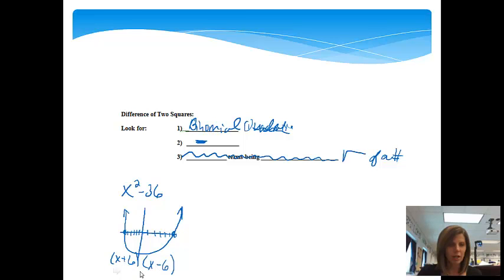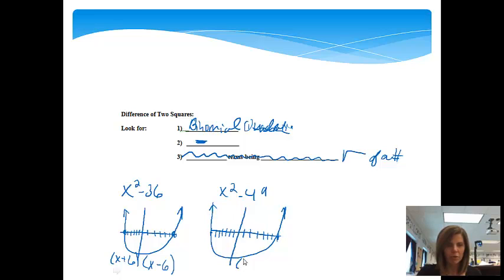If you recall, we always did the opposite. Then if I had another one, x squared minus 49, and I were to graph this, it actually hits at negative 7 and 7, so it's going to look something like that. If I were to ask you to factor it by graphing, you would take the opposites of where it hits. So it's x plus 7 times x minus 7.